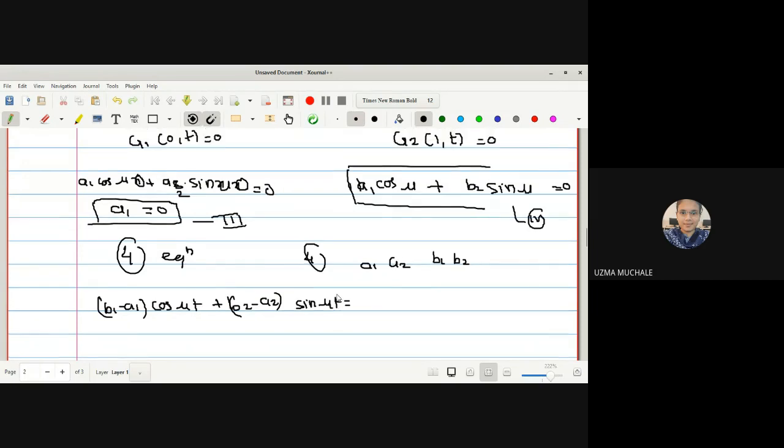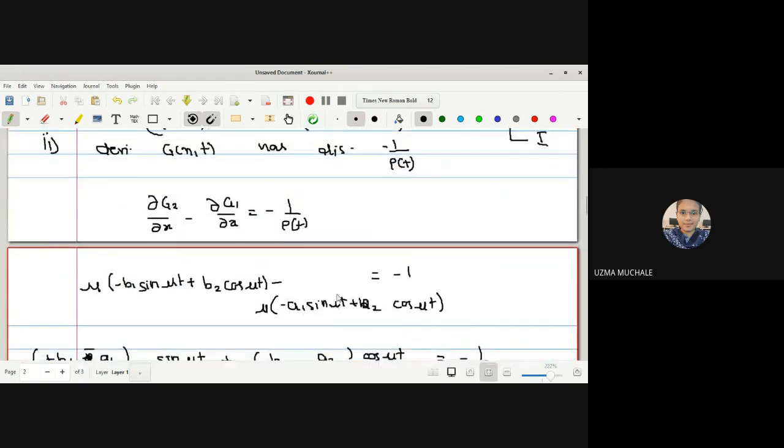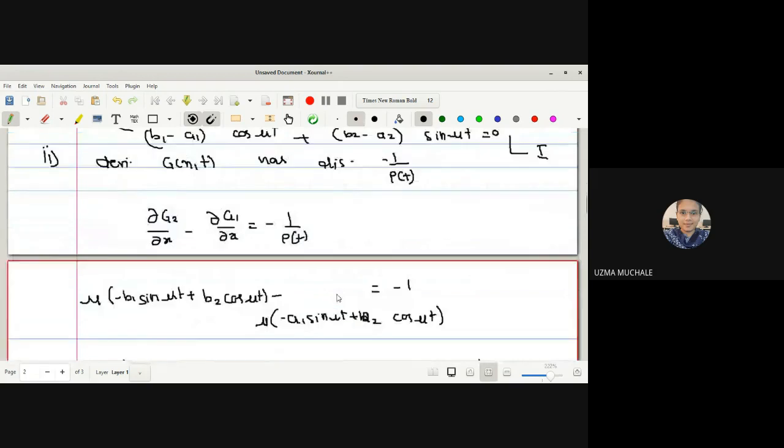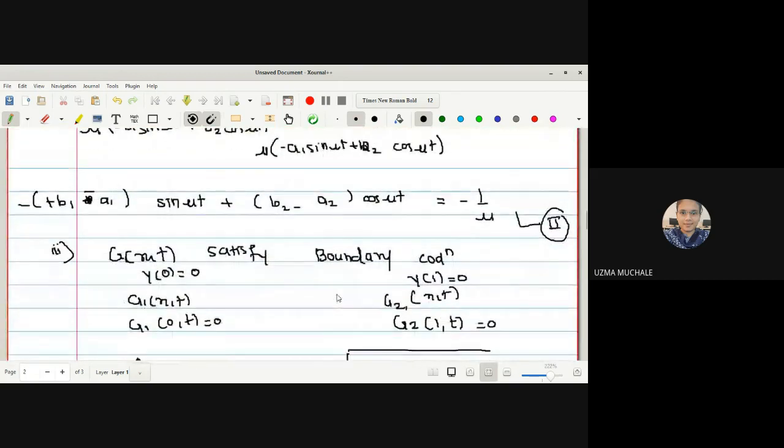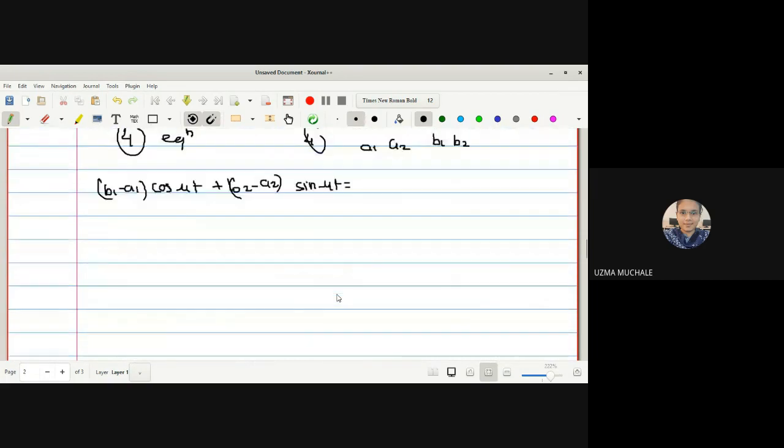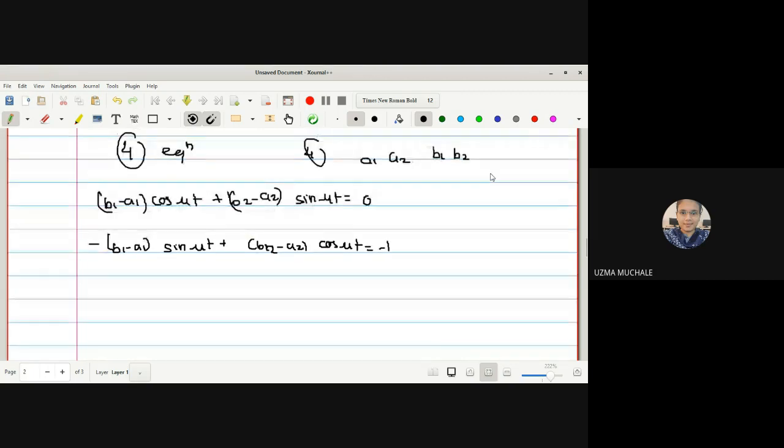The next equation, equation number 2, we have obtained is (b1 minus a1) sin mu t, (b2 minus a2) cos mu t, is equal to minus 1. And these two equations we have obtained.